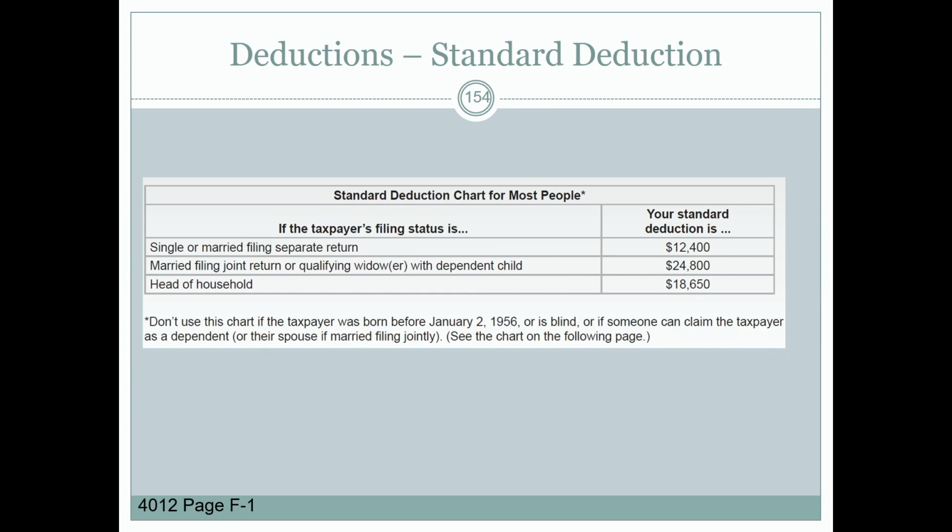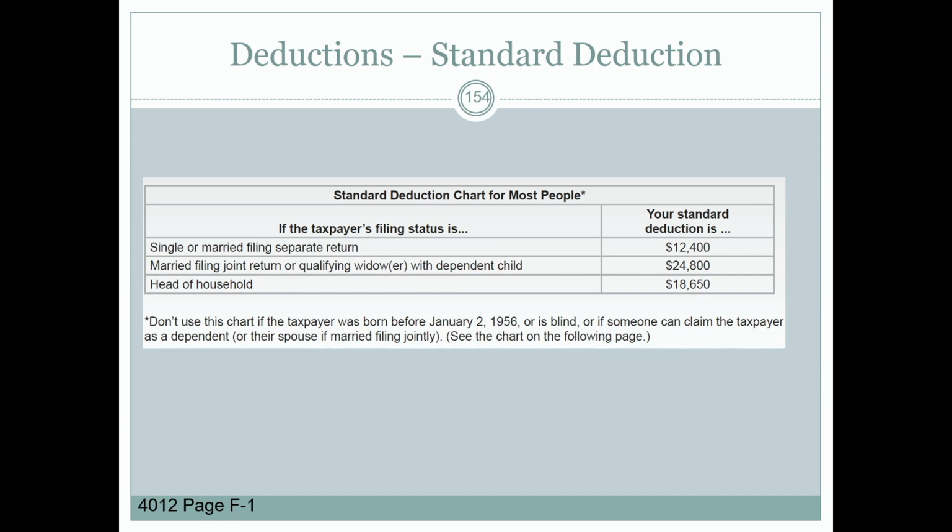If you're married filing a joint return or a qualified widower with dependent child, then your standard deduction is $24,800. If you're head of household, then the standard deduction would be $18,650.